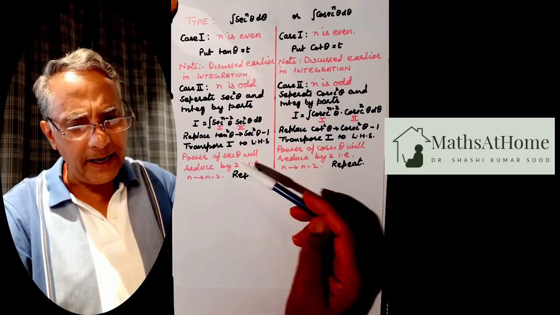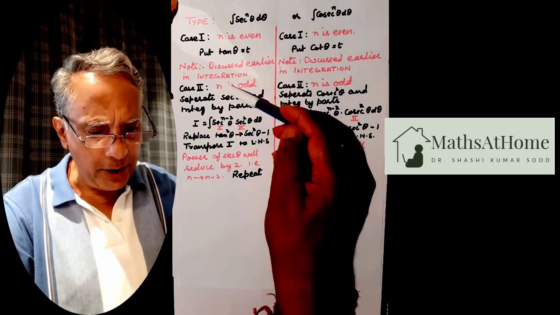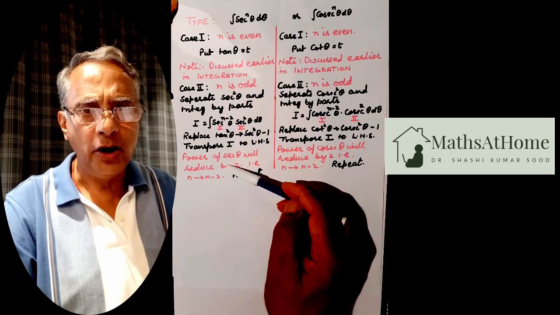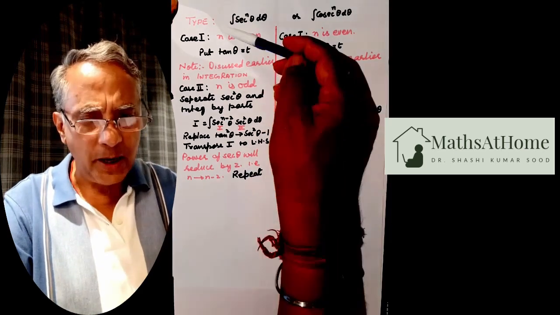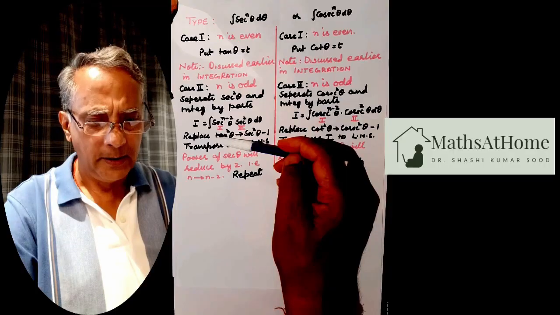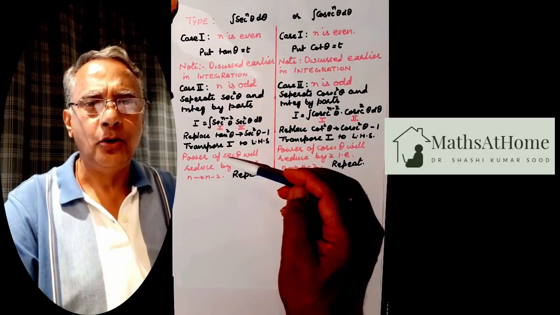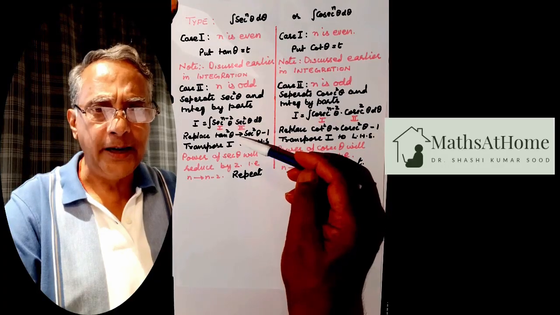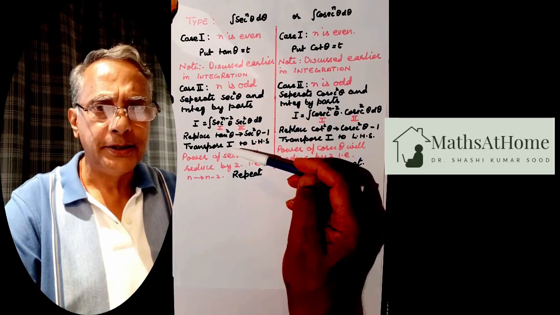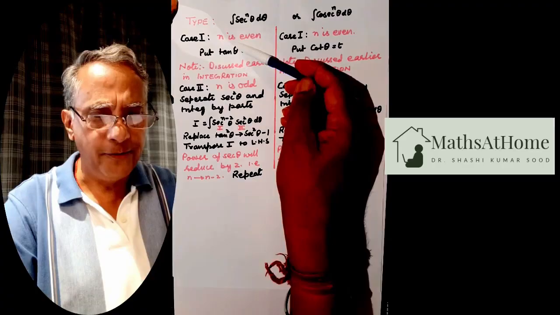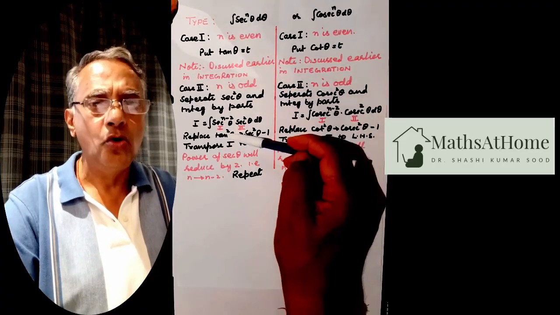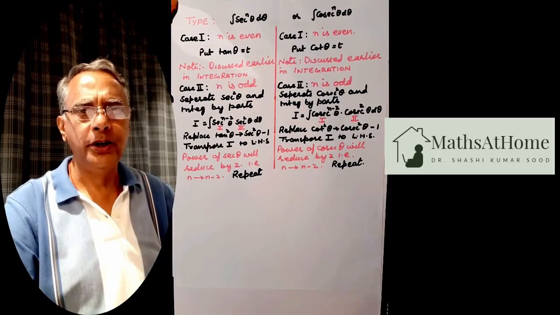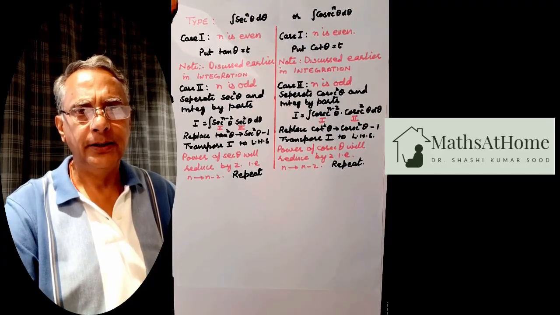If the power is say 5, then by doing this procedure, the power will become 3. 3 is again odd, so we repeat the procedure once more. The power will again reduce by 2, so instead of secant cube theta, it will reduce to secant theta. From 5 to 3, from 3 to 1, and the question will be solved, because we know the integration of secant theta.